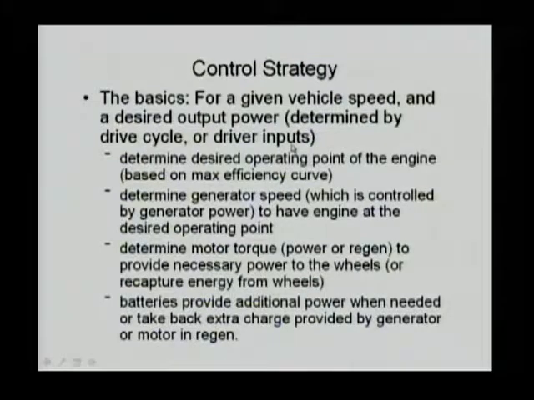Based on that speed, it can calculate the ring gear speed. Based on the ring gear speed and the desired engine speed, it will calculate how much speed is needed for the sun gear. And then it will control the generator output so that the generator speed is maintained at this desired speed. Therefore, your engine speed is also at the desired speed, which will give you a better fuel economy.